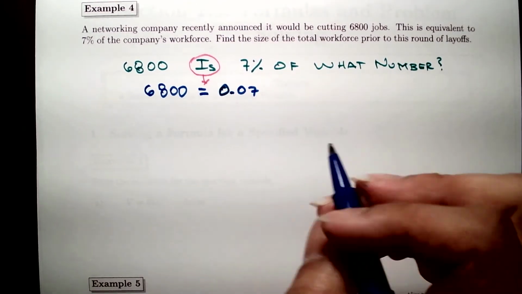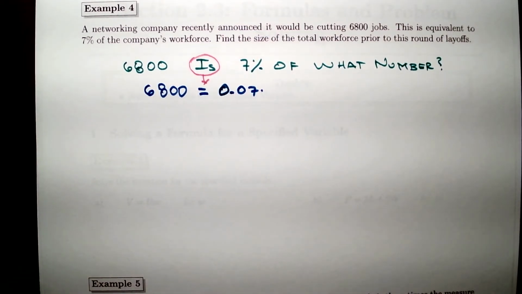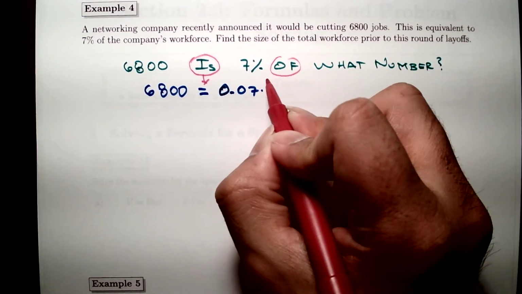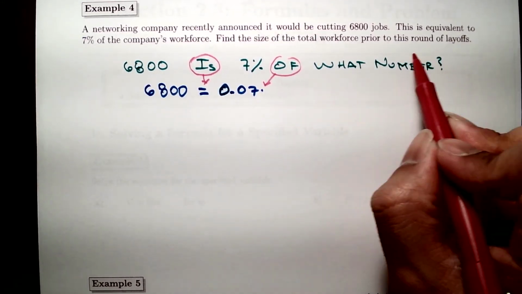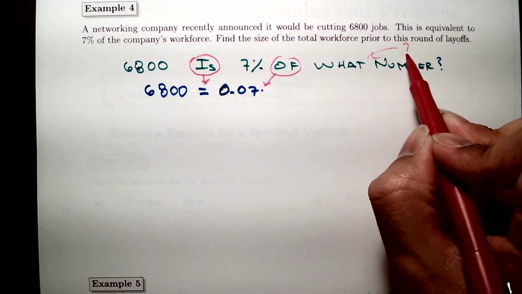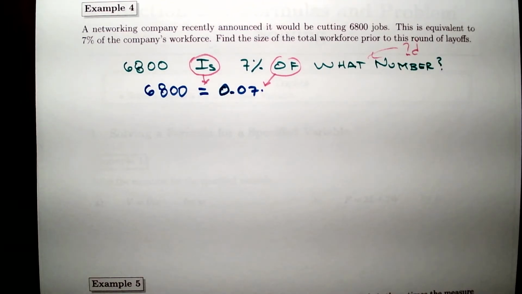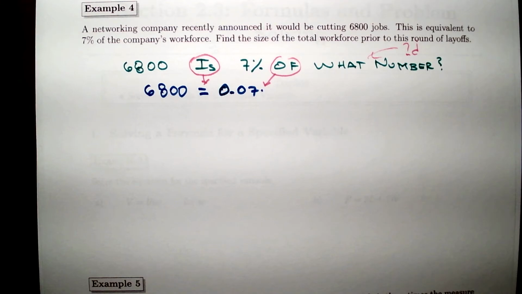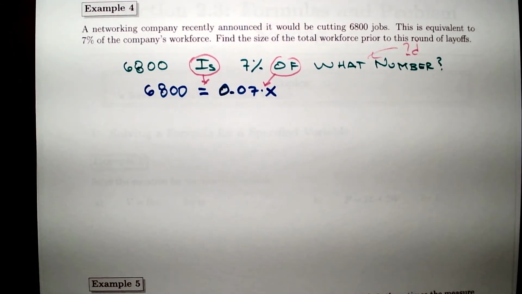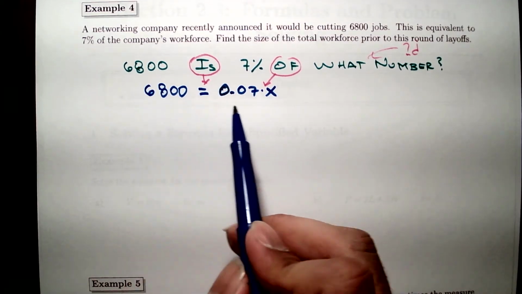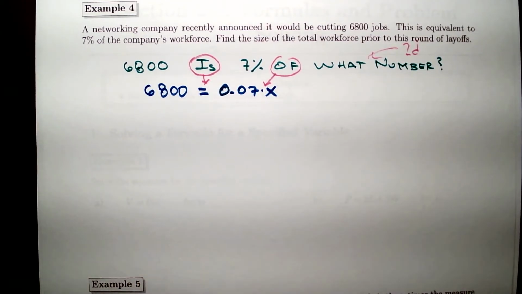"Of" means multiplication, and then what number? Well, that's a question mark, right? The "what number" in this case is x. All right, so we are being asked to solve this very simple equation.